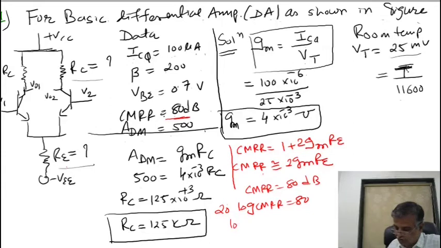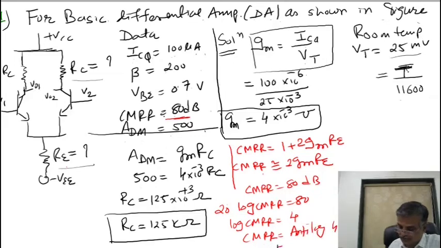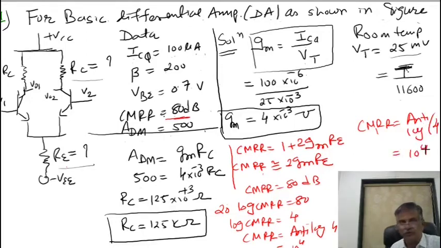So log CMRR is equal to what? 4. So CMRR is anti-log of 4, which is 10 raised to 4.